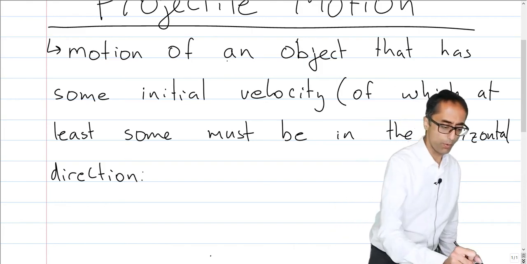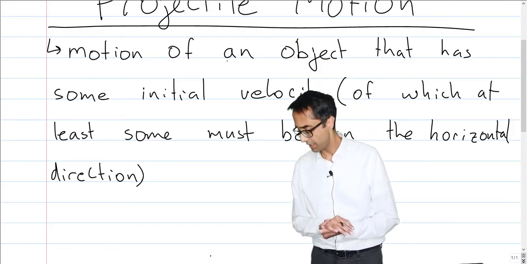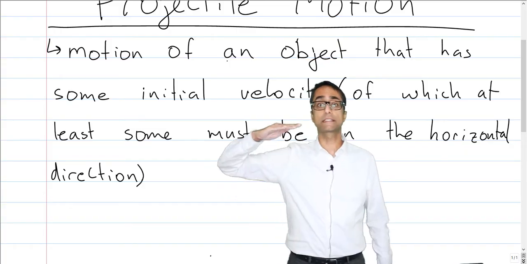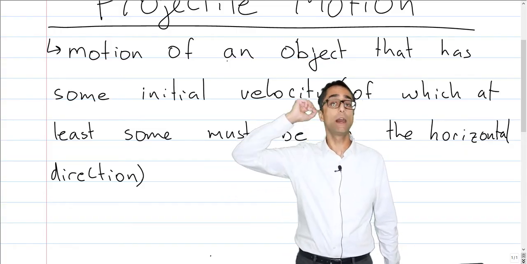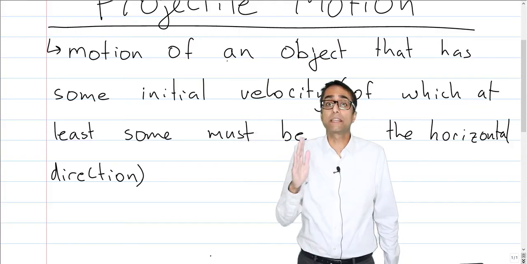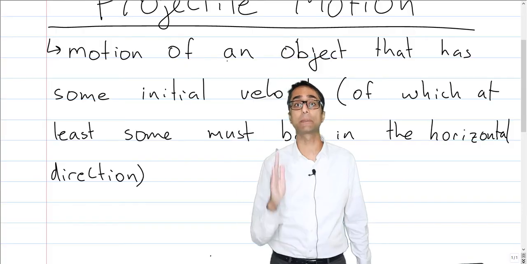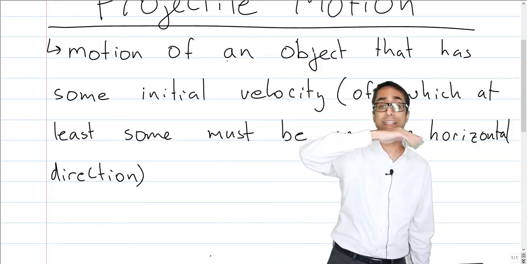And so what we mean by that is when we have our object and it has a velocity, some of that velocity has to be at least this way. The reason is because if there is no horizontal velocity, then you just have free fall. Then everything is happening up and down. You have to have some initial condition such that the velocity is this way.